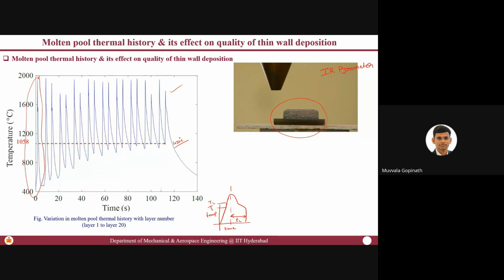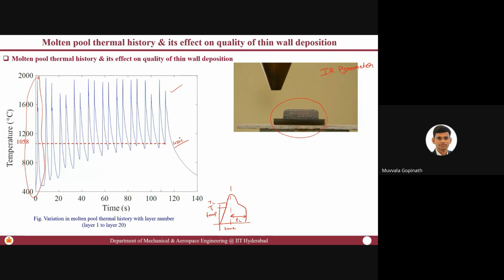So between two scans there is an intermediate step of spreading the powder. That acts as an interpass delay, which reduces the effect of heat accumulation.